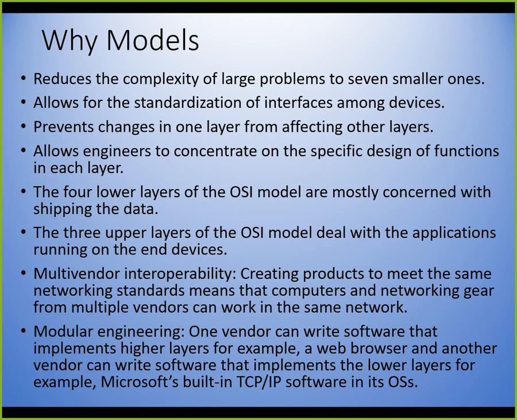The first bullet is it reduces the complexity of a large problem to 7 smaller ones because it's got 7 layers. And this goes back to what I said a little bit earlier: if you like solving mysteries or puzzle solving, then networking is a place to be. We don't have to solve all of it. The first thing we have to do is figure out where the issue is, at which layer, and then we can troubleshoot that.